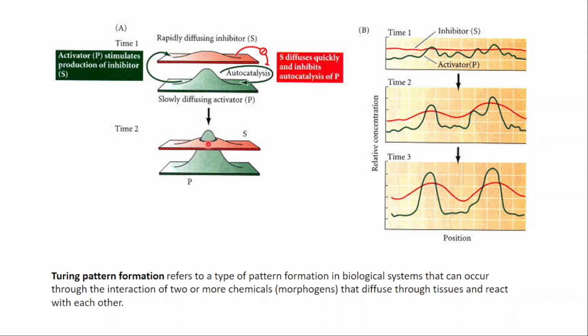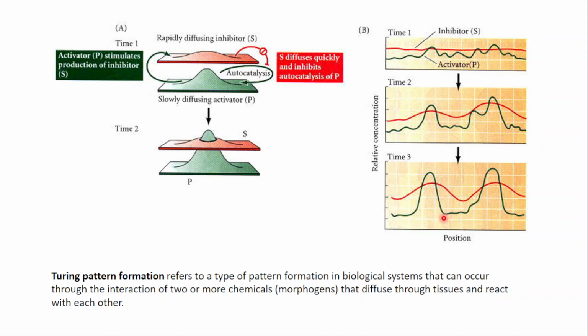So this is what we saw in the graph earlier. The green one is the BMP, which stimulates production of inhibitor, and the red ones are the FGF. So if we compare the Turing model, relative concentration, at a time when there is inhibitor at a constant level, there is activator.